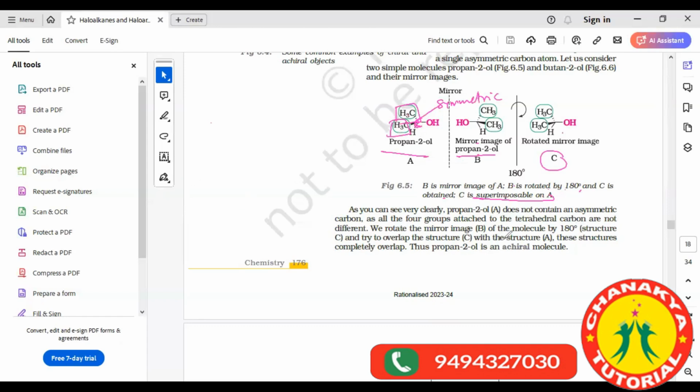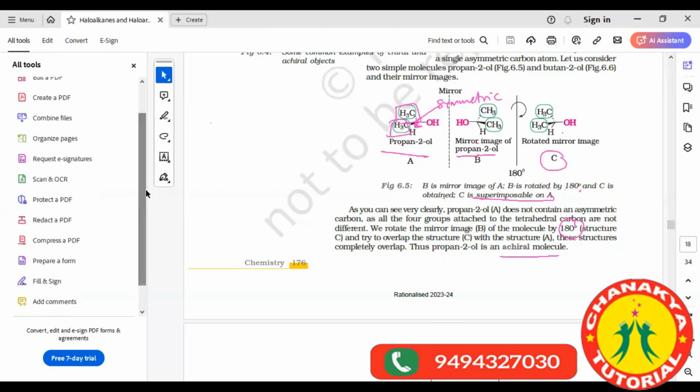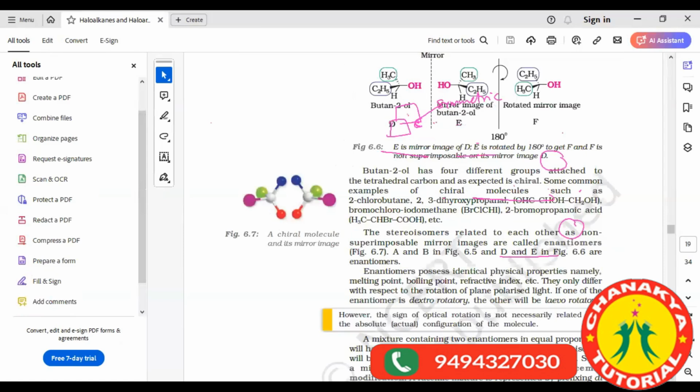We rotate the mirror image B of the molecule by 180 degrees, you will get C, and C would be superimposed with A, and hence propan-2-ol is an achiral molecule. It's not a chiral molecule. Understood? It is not attached to four different groups, and hence it is achiral. Clear? Yes or no? Already we have solved the questions regarding this.